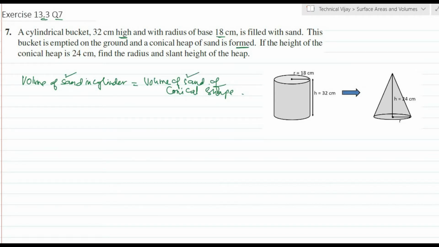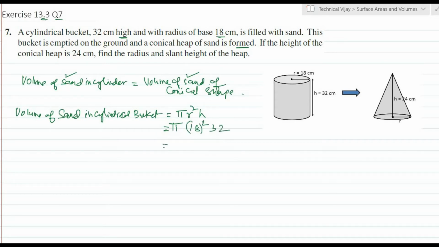The volume of sand in the cylindrical bucket is equal to pi r square h. Substituting the values, this is pi, the radius is 18 centimeter, that is 18 square, into height 32. So it is pi into 18 into 18 into 32. This is the volume of the sand in the cylinder.